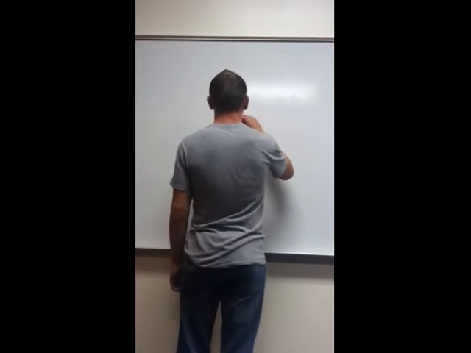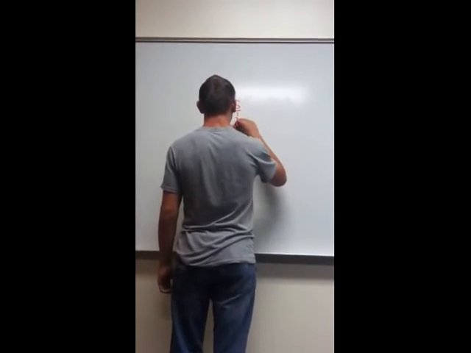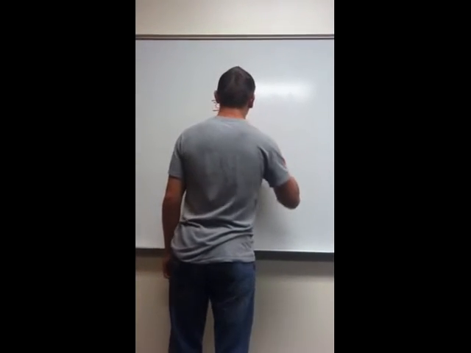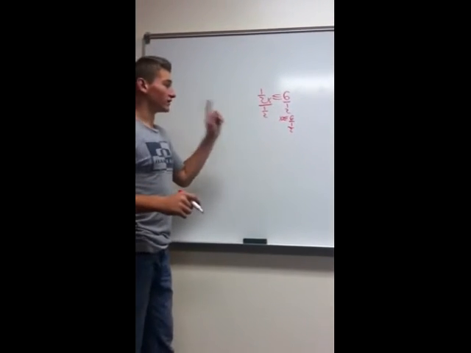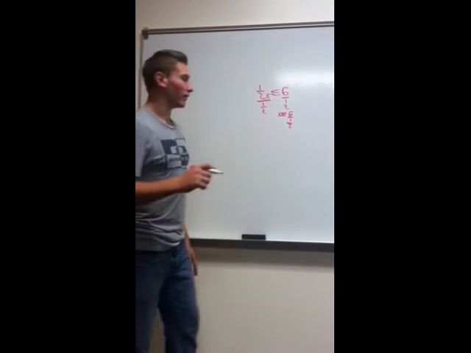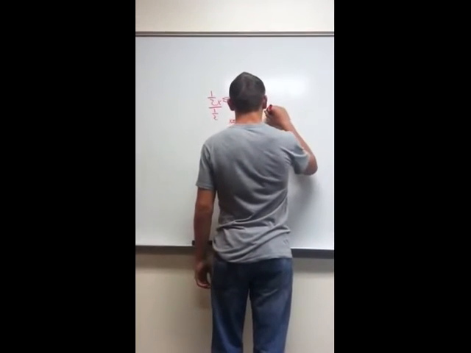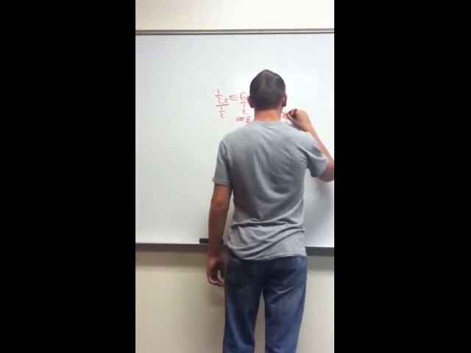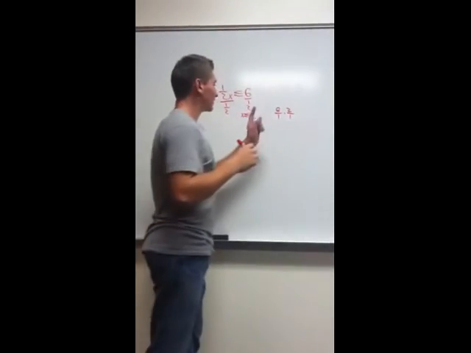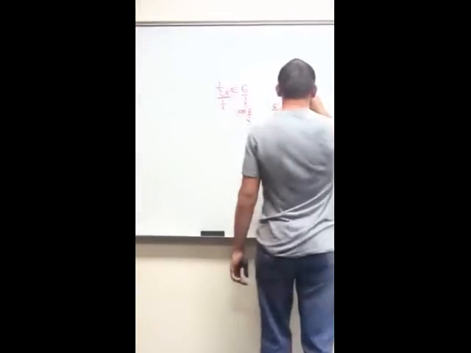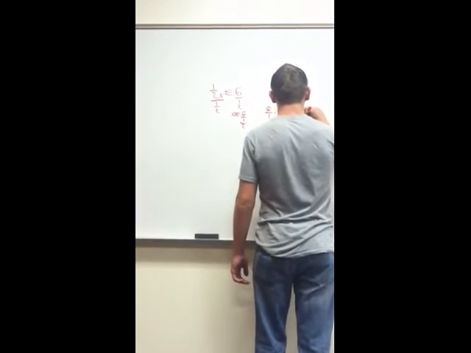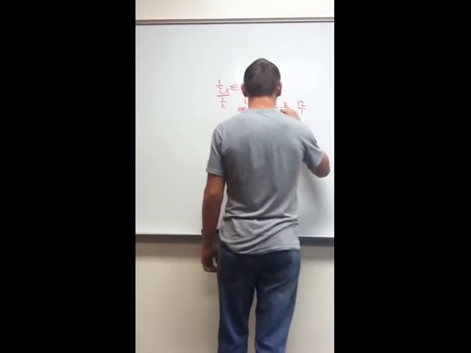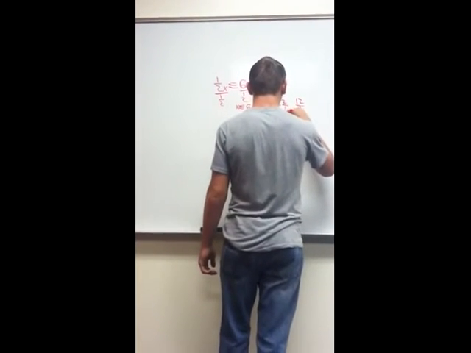That leaves you with x is less than or equal to 6 divided by 1/2. Now you can put 6 over 1 and then flip and multiply, and I'll show you how to do that. 6 times 2 is 12, which leaves you 12 over 1, and that is basically just 12. So then you have x is less than or equal to 12.